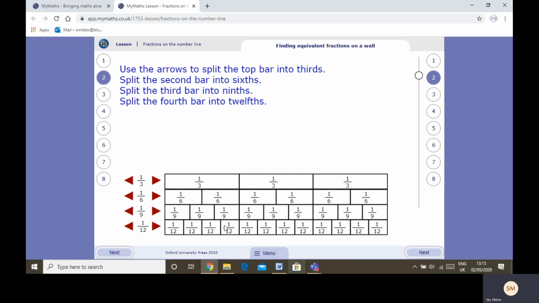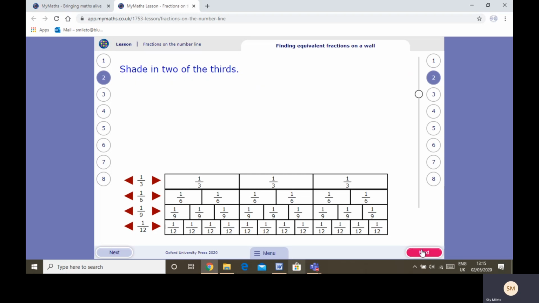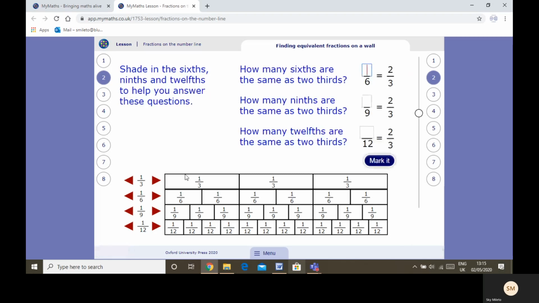You see the line continues down. 4/12 equals the same as 3/9, the same as 2/6, the same as 1/3. These are all equivalent fractions. Remember, not 1/12 is equivalent to 1/3, but 4/12 is equivalent to 1/3. What do you notice about the numbers? We'll come to that in a minute.